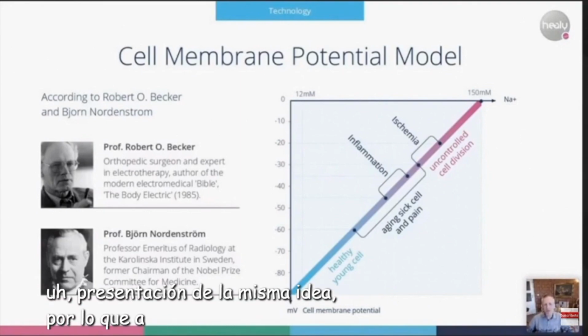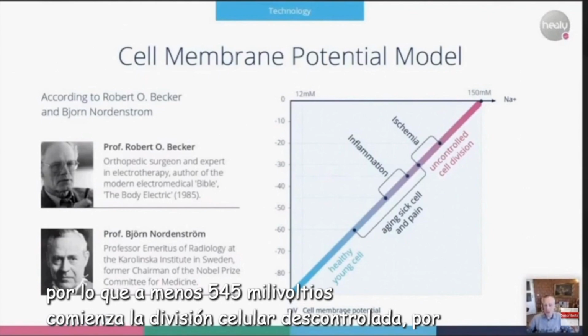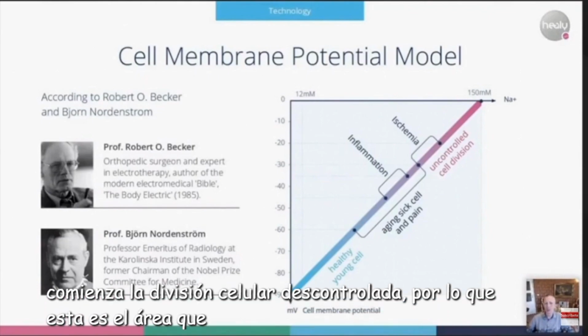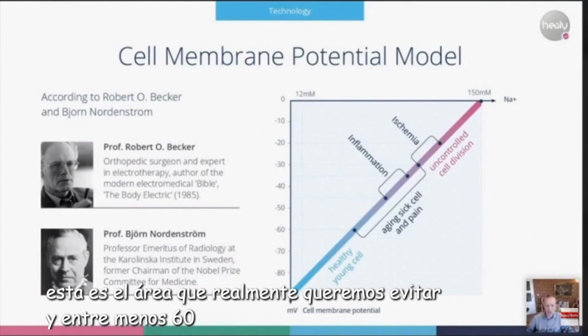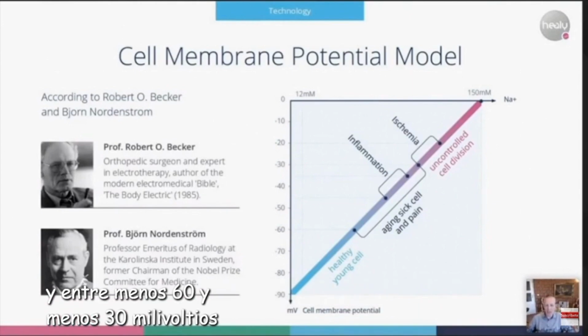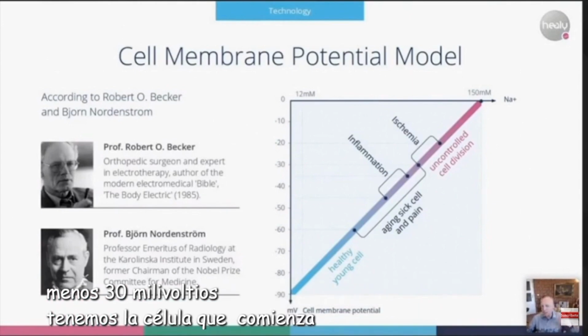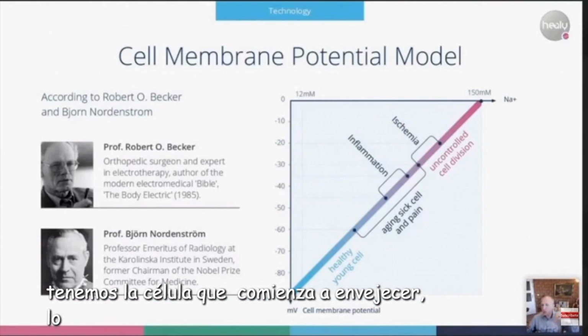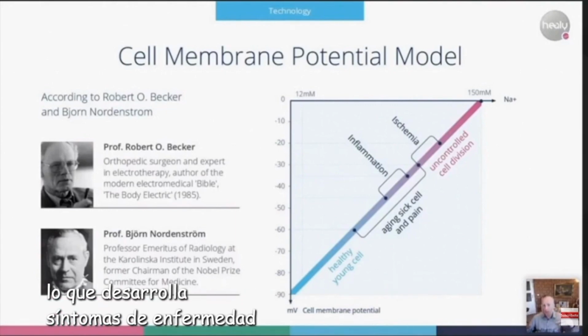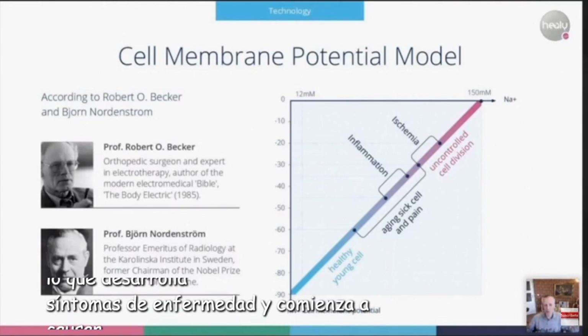So at minus 45 millivolt, uncontrolled cell division starts. So this is the area we really want to avoid. And between minus 60 and minus 30 millivolt, we have the cell which starts to age, which develops symptoms of sickness and starts to cause pain.